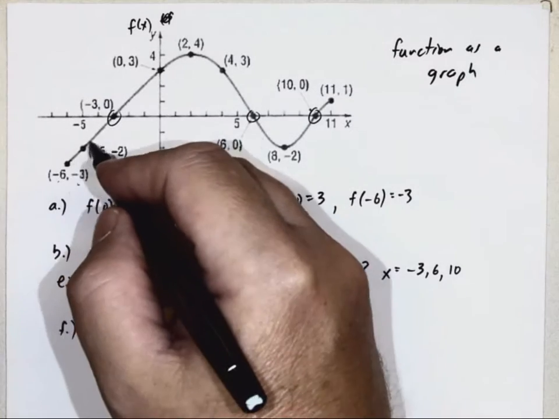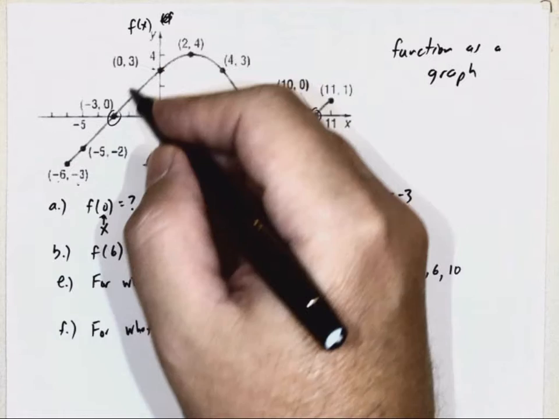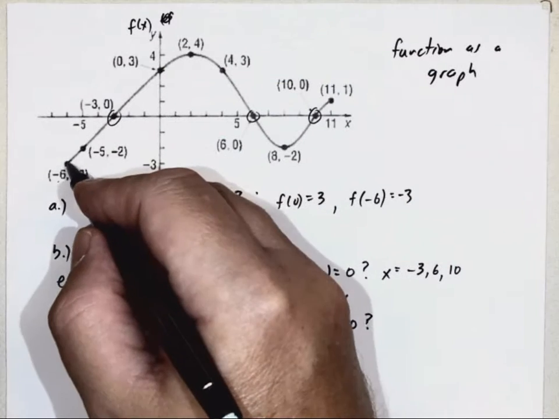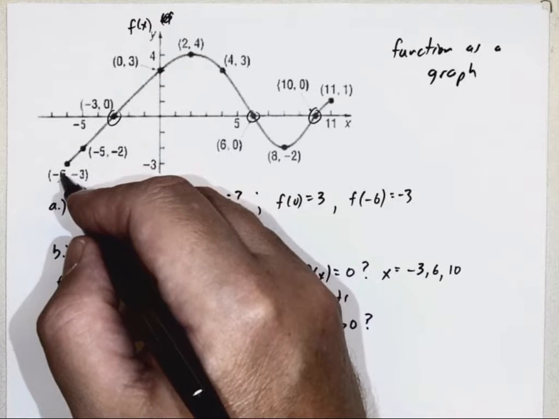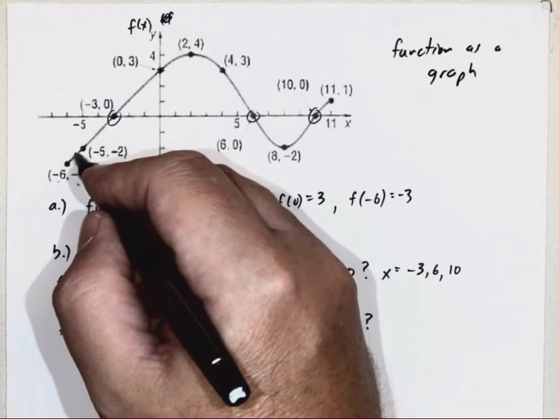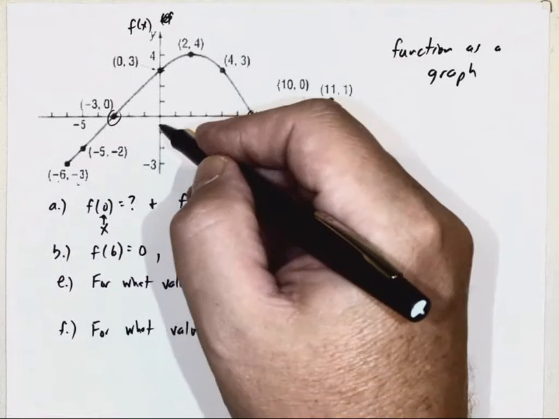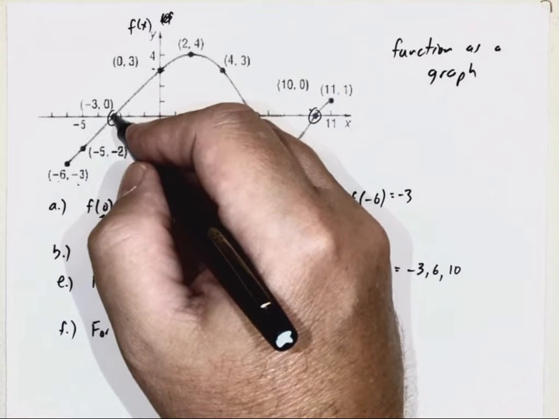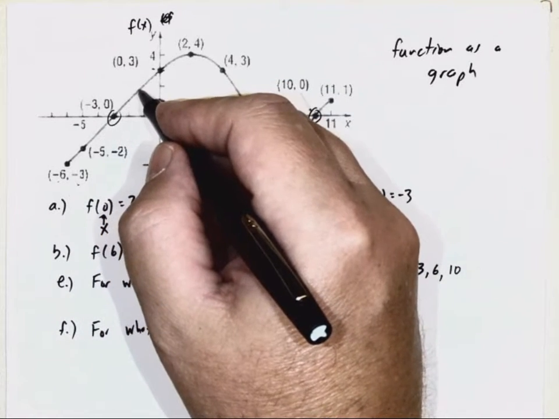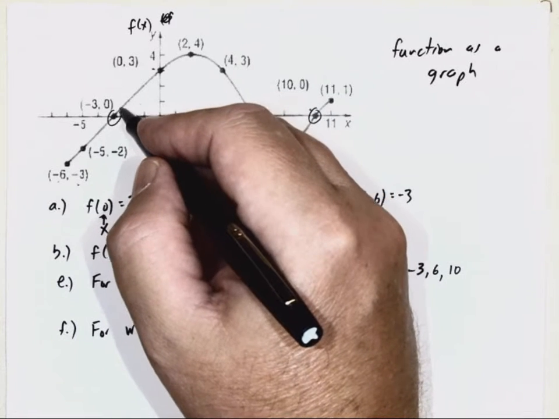So here's my function. If I think about the value of the function, when it starts out, what is the function? The function is -6. The function starts out being a negative number. It's below the x-axis.